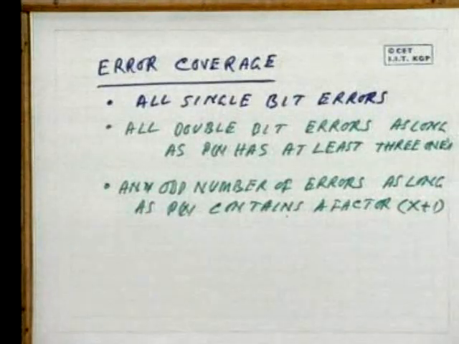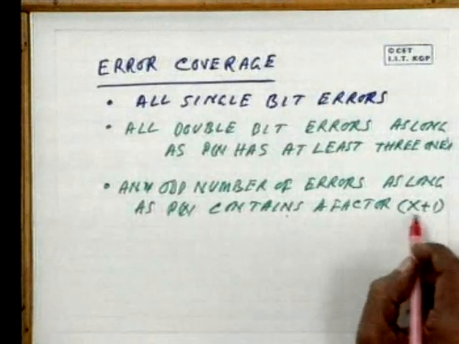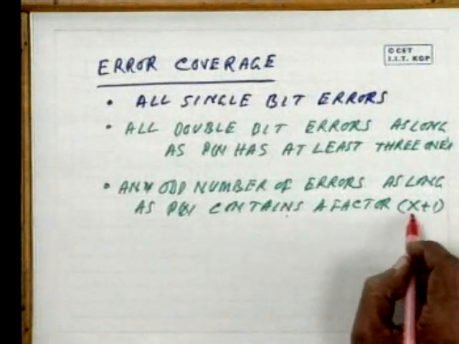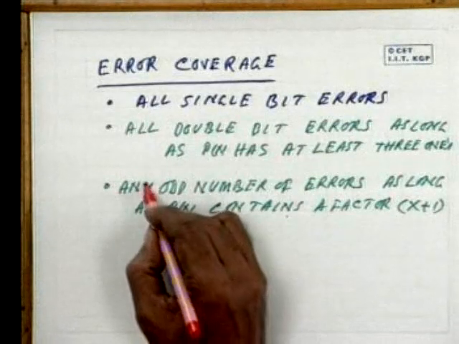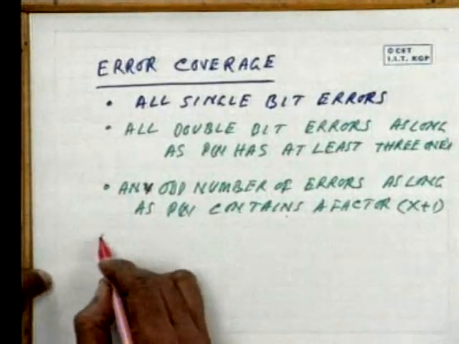That means when the polynomial has a factor x plus 1, it can detect any odd number of errors.